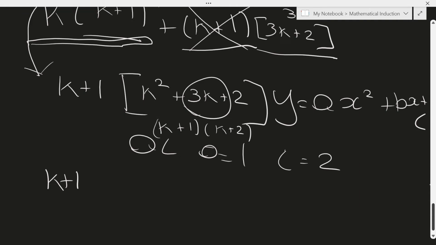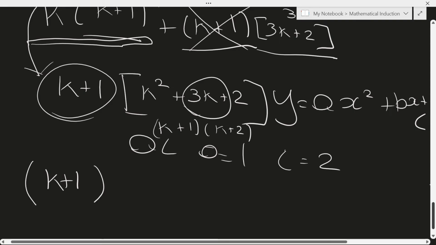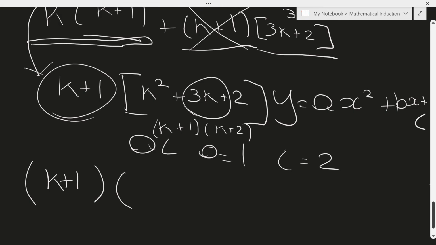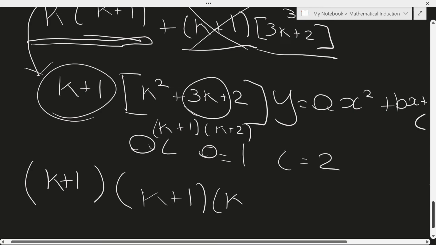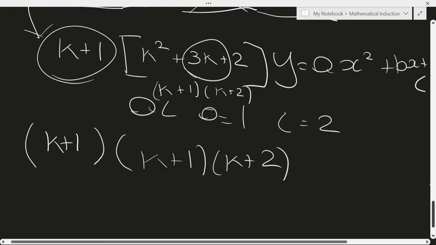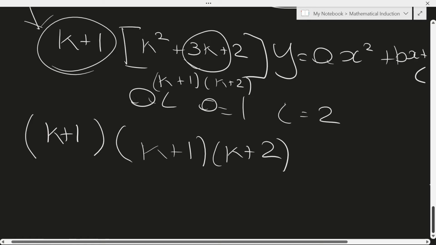So this k plus 1 that was already outside the brackets, we'll just have it in a bracket because we're still multiplying, and we're going to multiply it by k plus 1 times k plus 2. Yeah, sorry, I got a little lost in my own calculations for a second there.